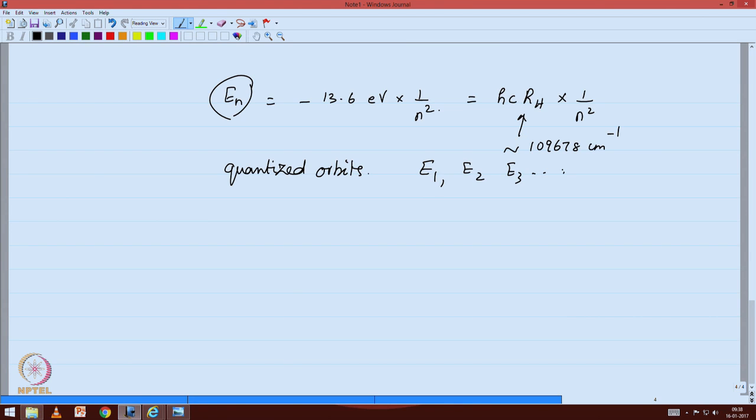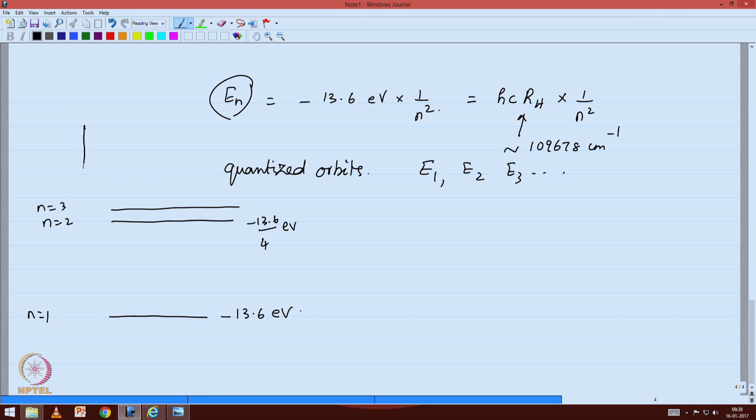And therefore, you can see that in the energy level picture, E1 is minus 13.6 electron volts, n equal to 1. If you put n equal to 2, the orbit has minus 13.6 by 2 square, 4, electron volts. And for n equal to 3, of course, it is minus 13.6 by 9.